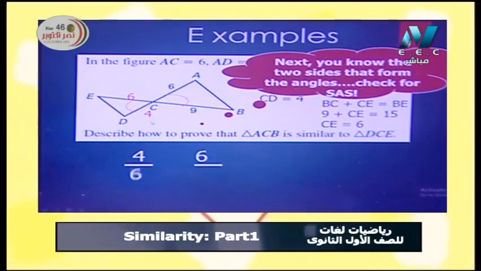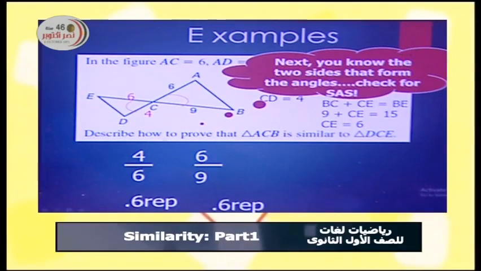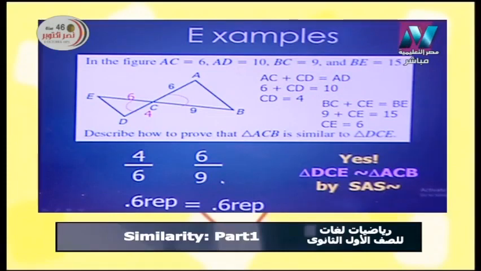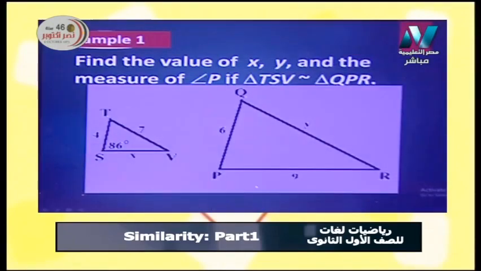Then we have 6 from the second triangle, CA 6, and we have 9 from the triangle CAB, CB equal 9. So it equals 4 over 6. If we simplify it, it's 2 over 3, and 6 over 9 is 2 over 3 also. So they are equal. So yes, the triangle DCE is similar to triangle ACB by using the theorem SAS, or side included angle side.